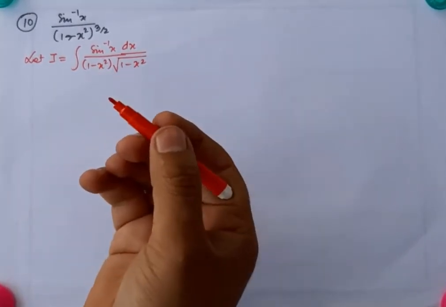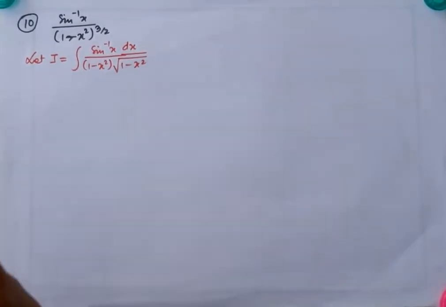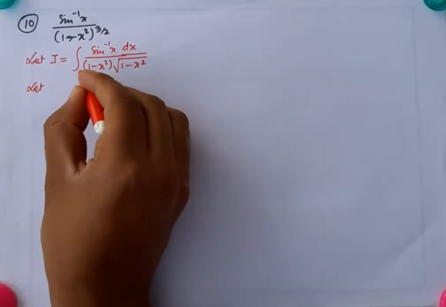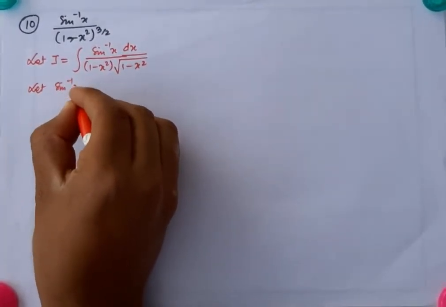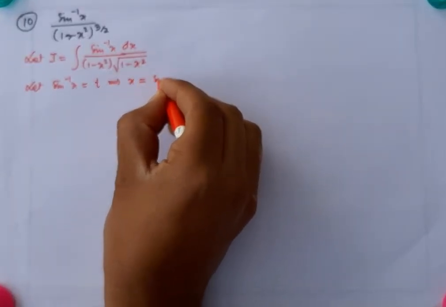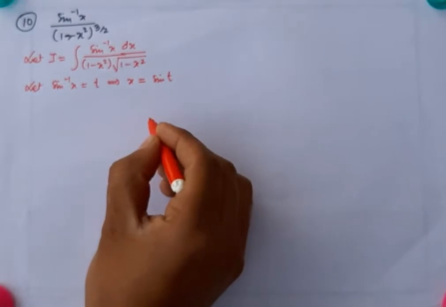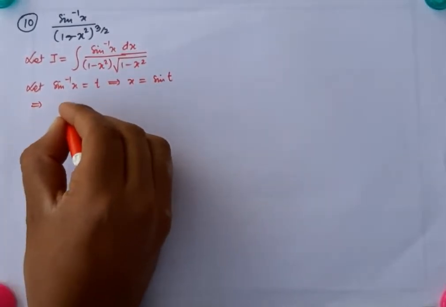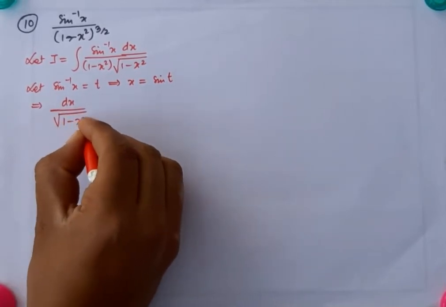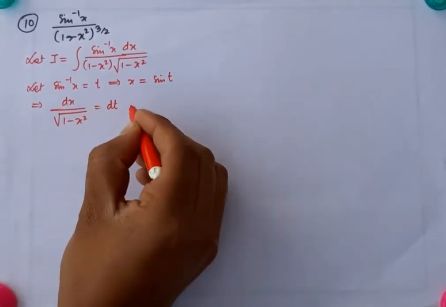Again, you see that obviously you have to go for substitution. So again, let me do the substitution. Let sine inverse x is equal to t. So from here we see that x is equal to sine t. When you differentiate this, you will get that dx by square root of 1 minus x square will be equal to dt.